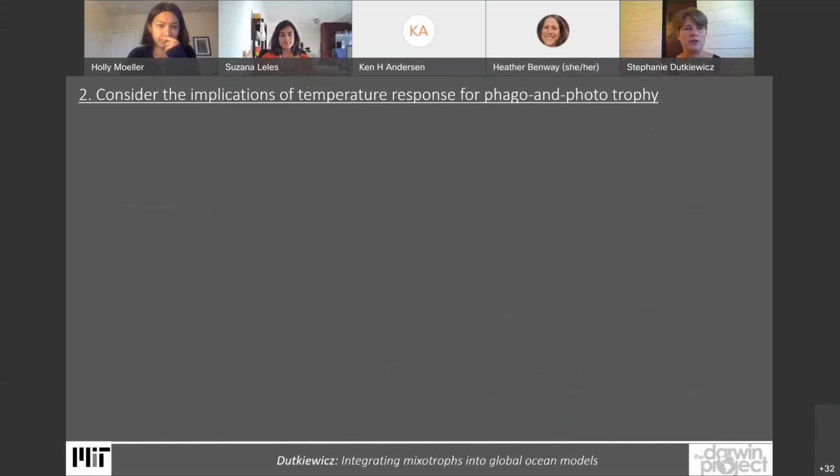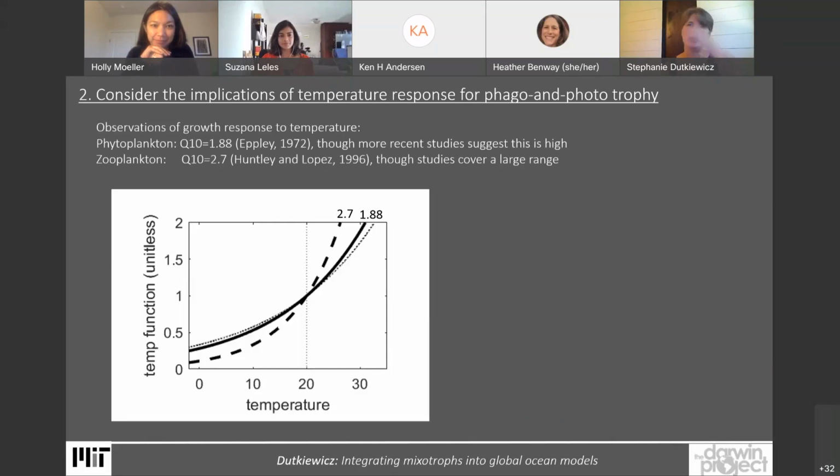But just to finish off, and sorry, Carly, I'm going to be the one who goes over, is just to look at the implication of temperature functions on the phagophototrophy. And the prospect here is that there are some studies that suggest that phytoplankton may have a much lower Q10 than zooplankton.